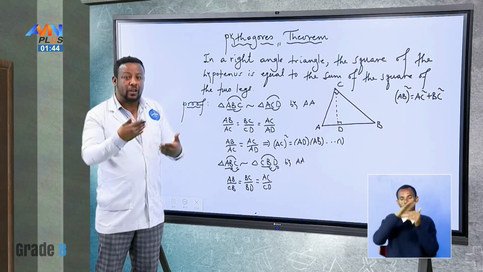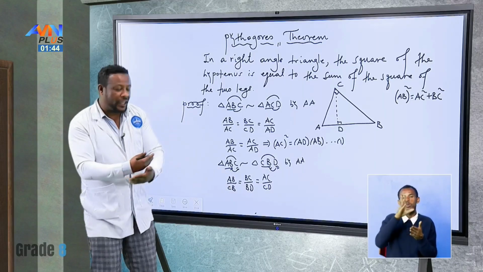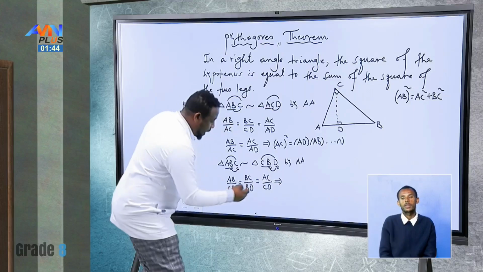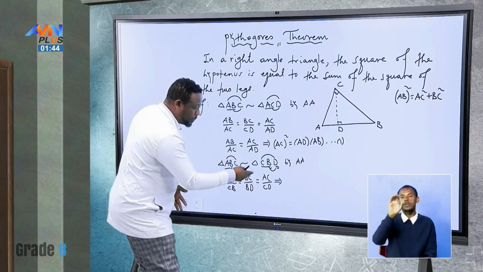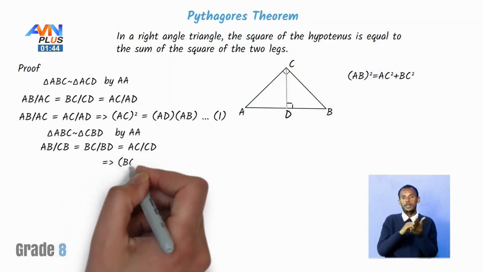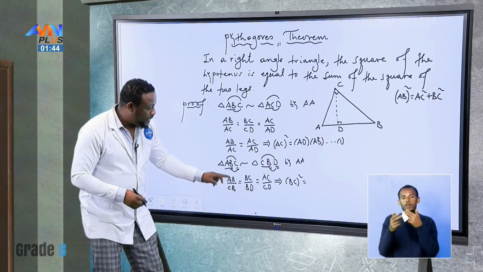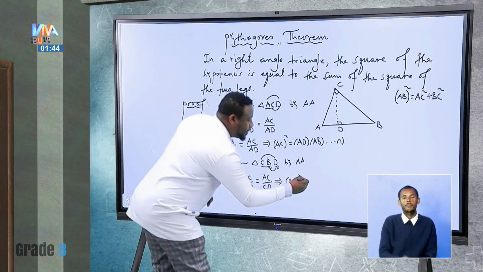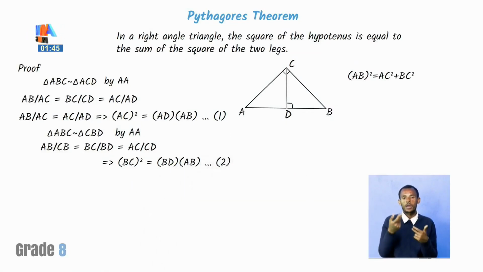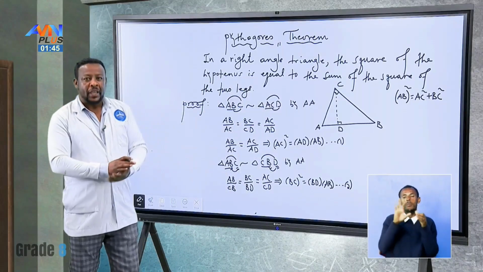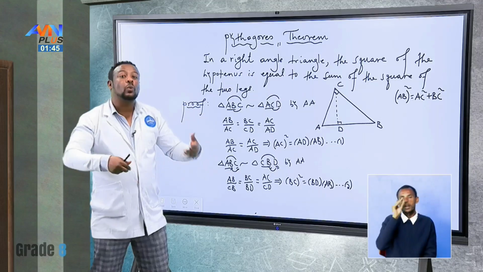All three are equal, but you can take these two. By cross-multiplying, you get BC times CB. CB and BC are the same, so BC times BC is BC square. This must be the same as BD times AB. Now we have another equation, equation 2. Now let's add equation 1 and 2 directly. We will see what will happen.